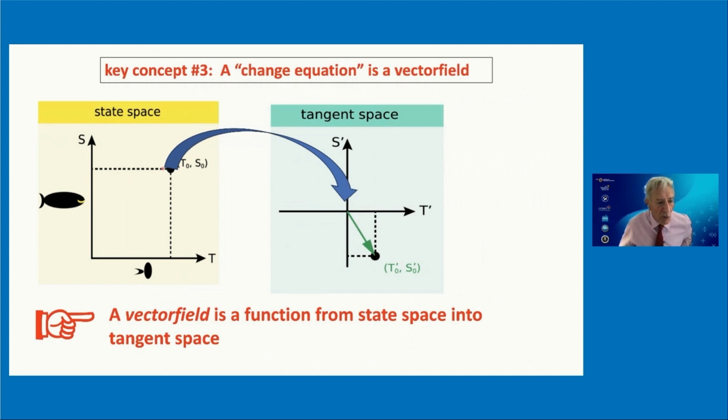Given a point, T0, S0 in state space, the vector field assigns you the appropriate change vector, T0 prime, S0 prime, which is an element of tangent space. So this is the key concept. This is what a change equation does. It assigns change vectors to every point in state space.